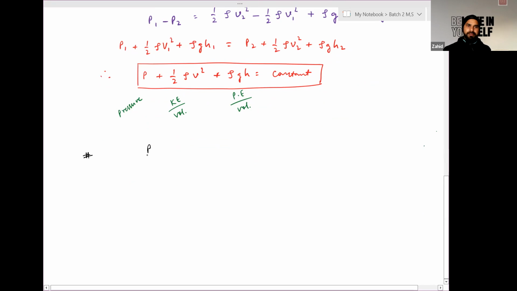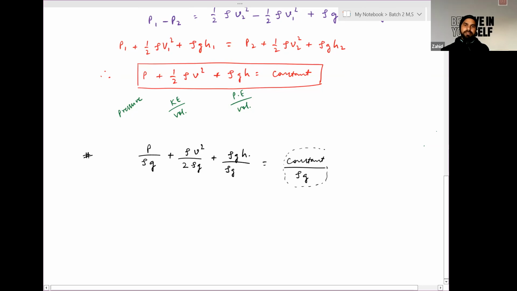So it will become P divided by rho g plus rho v square by 2 rho g plus rho gh divided by rho g equals some constant divided by rho g. A constant divided by another constant will remain constant.